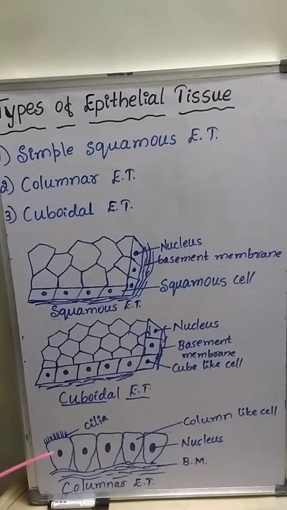The cells of the columnar epithelial tissues are tall and have a broad base and narrow apex.